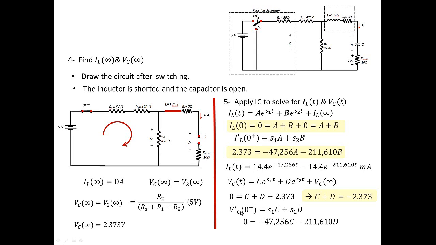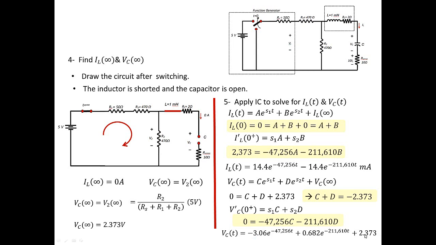So the derivative, which is 0, will equal S1C plus S2D. This is the second equation we have. And now you can solve for C and D. We found that C will equal negative 3.06 volts and D was plus 0.682 volts.